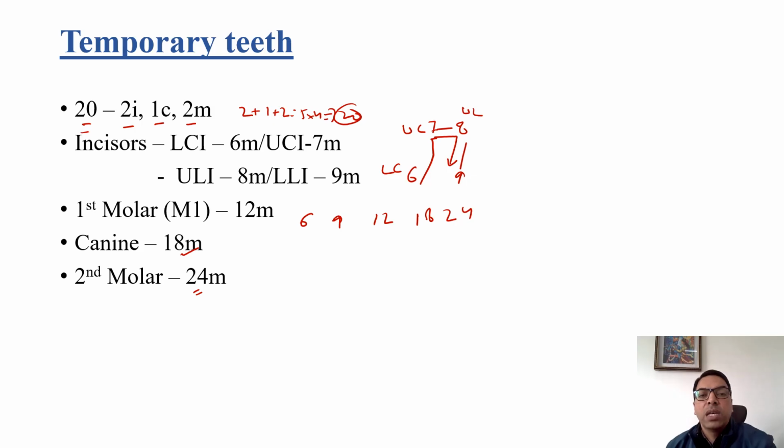By 6 is lower central incisor, by 9 lower lateral incisor, by 12 first molar, by 18 canine, and by 24 second molar. These numbers are important, in multiples of 3: 6, 9, 12, 18 and 24.